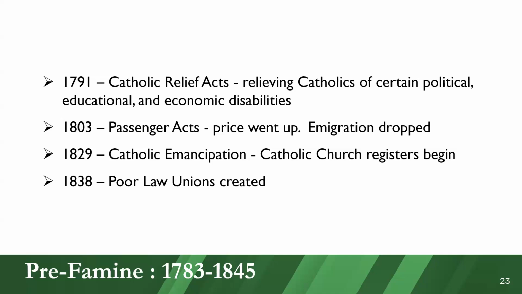So they decided to raise the prices on the ships, and naturally immigration went down because most of them couldn't afford to leave. This is also the time period of poor law unions, when the government took over the relief for the poor, as little as there was. Ireland has been for a long period of time a very poor country in the 16, 17, and 1800s. But the government took over that for the church.